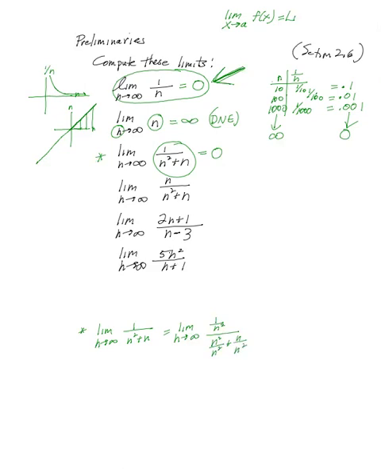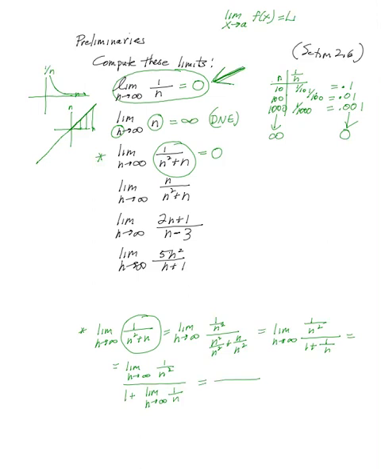In other words, I divided top and bottom of this by the highest power of n. Okay, and now this is just limit as n approaches infinity of 1 over n squared over 1 plus the limit as n approaches infinity of 1 over n.